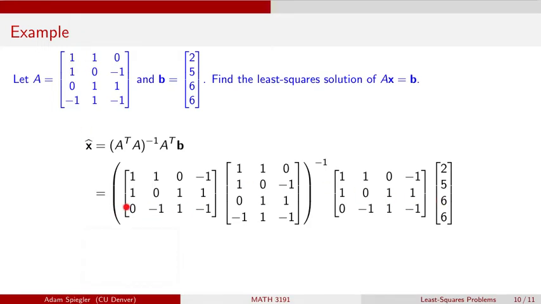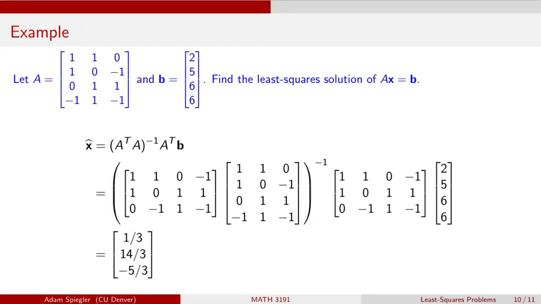And this takes an extremely long time to calculate, and it's going to be really expensive to calculate. For this smaller case, it's not too bad. And we can find that the least squares solution, X hat, is equal to 1/3, 14/3, minus 5/3. And these were exactly the same weights that we found when we were finding the projection of this vector B into the column space of matrix A.